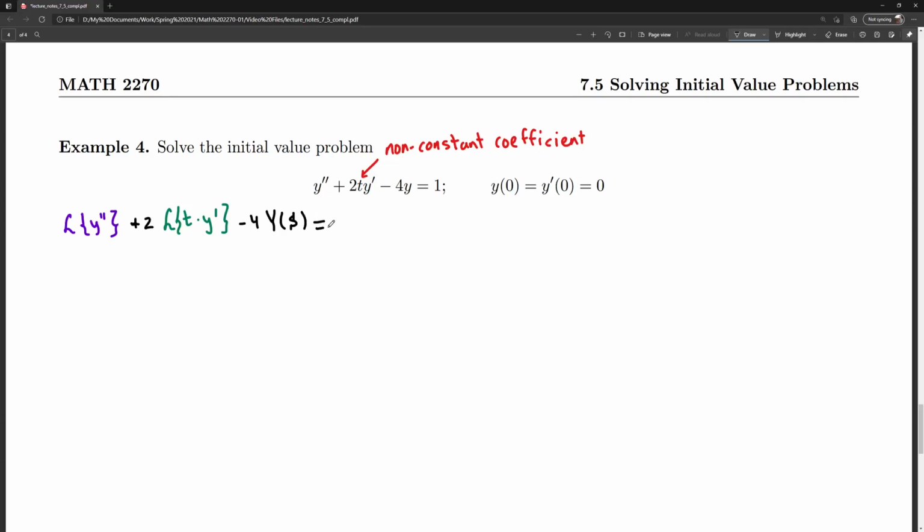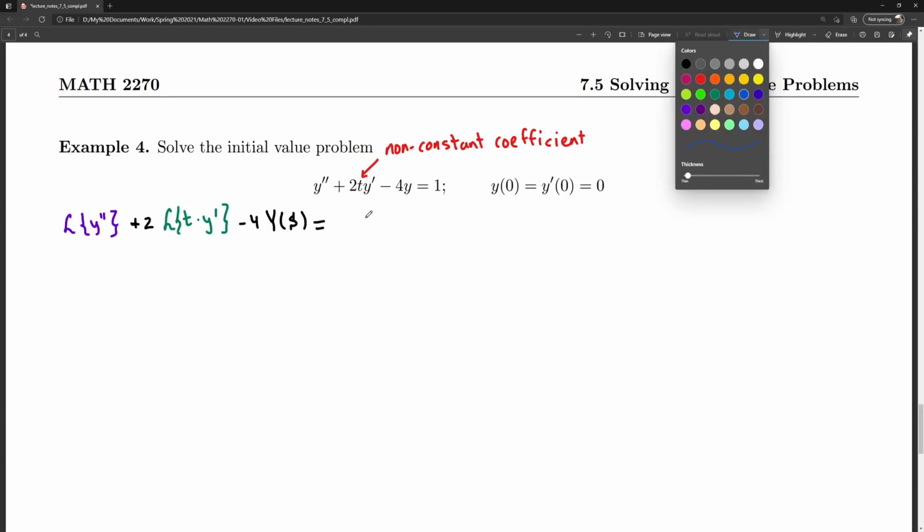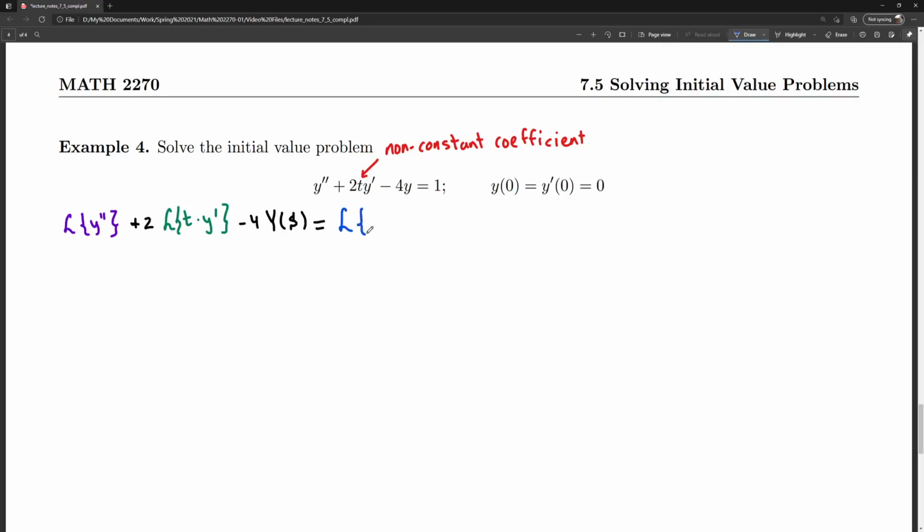And then on the right hand side, I take the Laplace transform of the constant function 1.